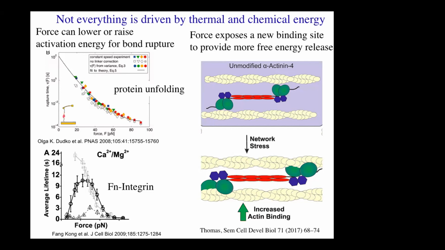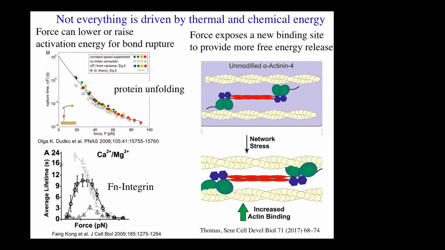So 4 orders of magnitude faster. So putting forces on molecules will have a big effect on the reaction time. But it's not always that the more force you put on it, the faster it unfolds or messes up.